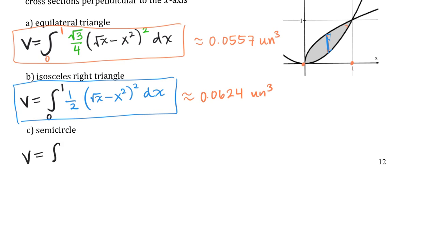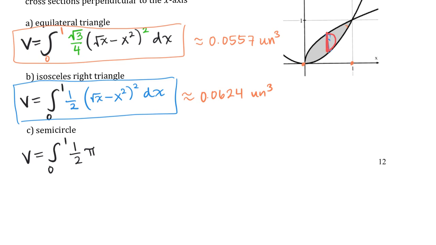Okay, now let's do a semicircle. I'm still doing this with respect to x, so I'm going from 0 to 1. Now for a semicircle, I'm going to do 1/2 pi r squared. Now with the r, I need to be careful. If I look up here, this is my cross section. Imagine there's a semicircle poking up like that. From here to here is not actually my r, that's actually my diameter.